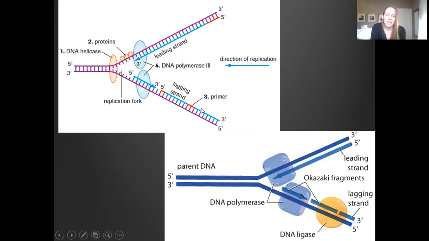The lagging strand, again, has to be built in little chunks because it's being built as the DNA molecule is being unzipped. So when it's only unzipped this far, the building of that new strand would start like here and be built towards the 3' direction. And then it would backtrack 5' to 3', backtrack again, 5' to 3'. And then you get all of those little chunks of Okazaki fragment that the ligase will attach afterwards.